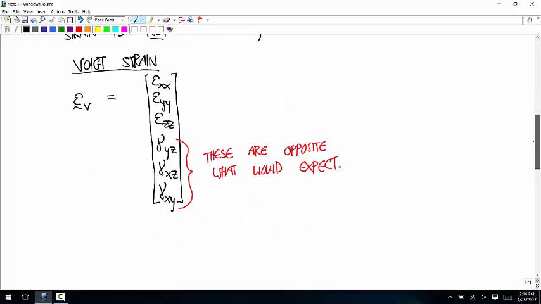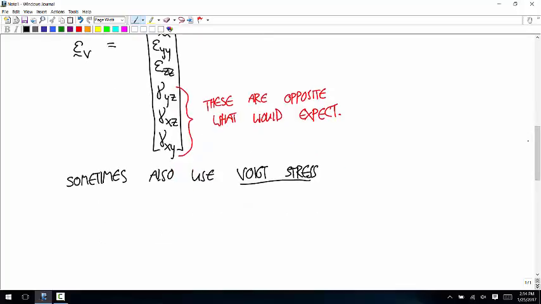We are also going to use the Voigt form of the stress for some calculations. So we'll sometimes also use the Voigt stress. And the Voigt stress is in exactly the same order as the Voigt strain, so I'll call it sigma sub v. And it's equal to sigma xx, sigma yy, sigma zz.